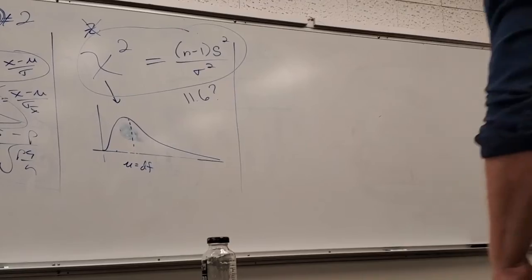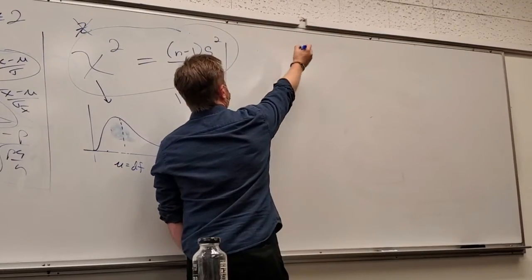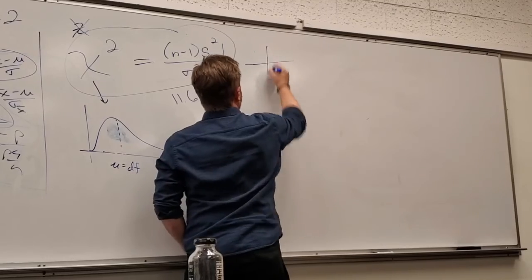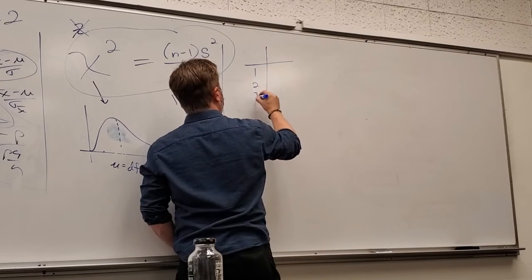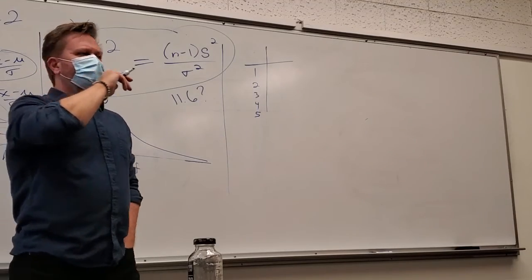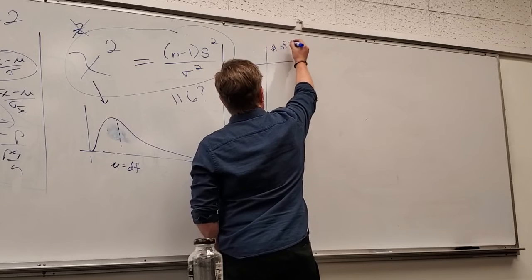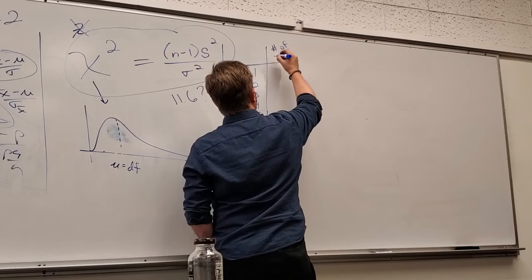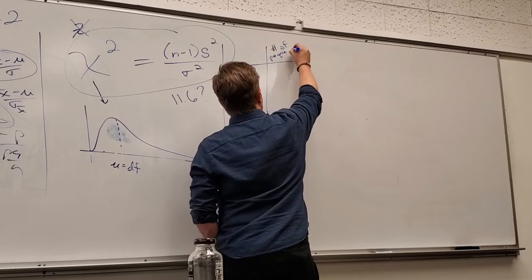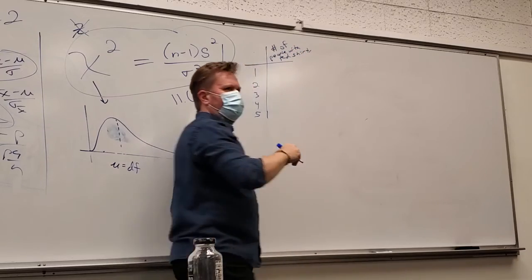All right. For example, let's say there's 5 teams, right? And I look at the number of people with red shirts on each team.